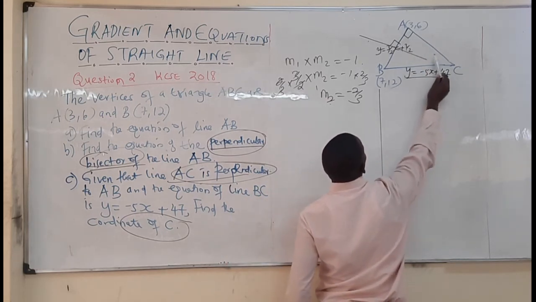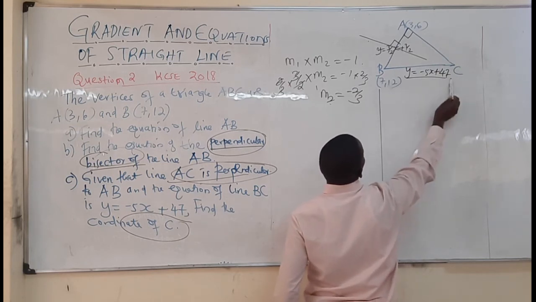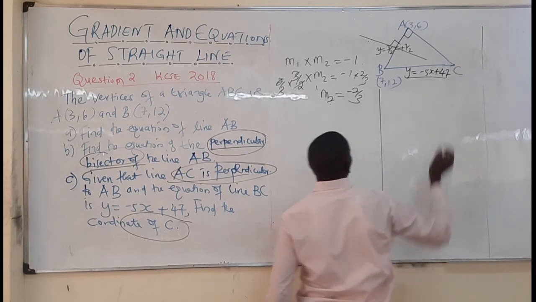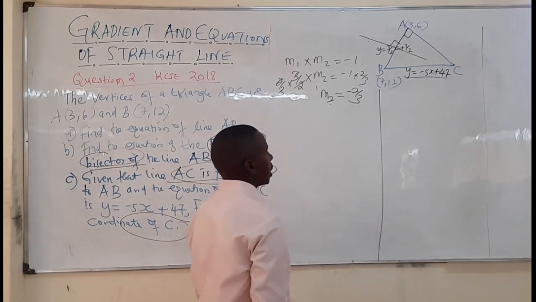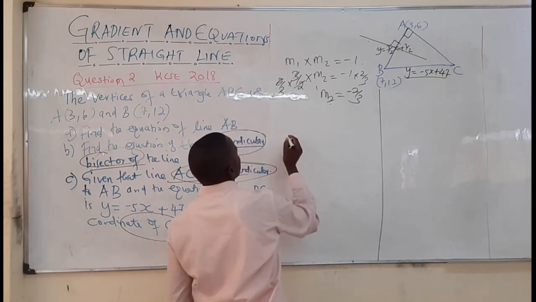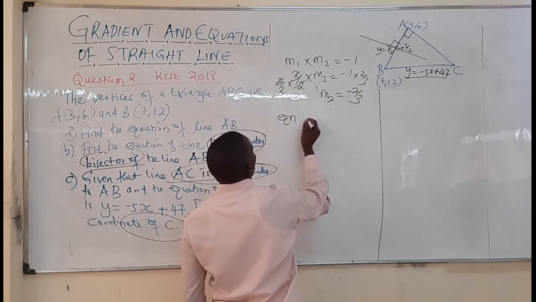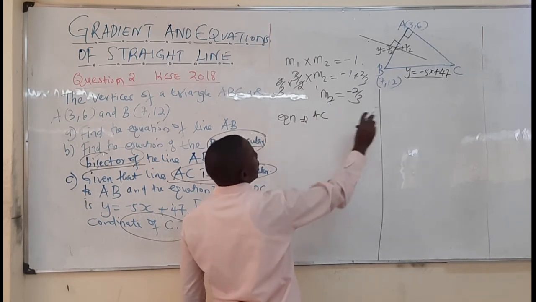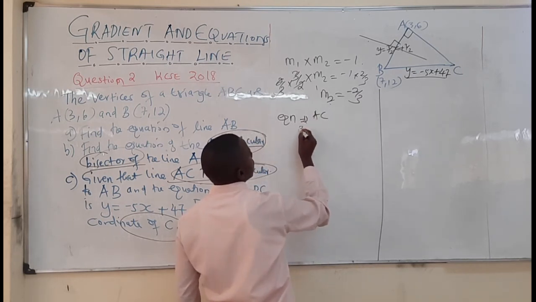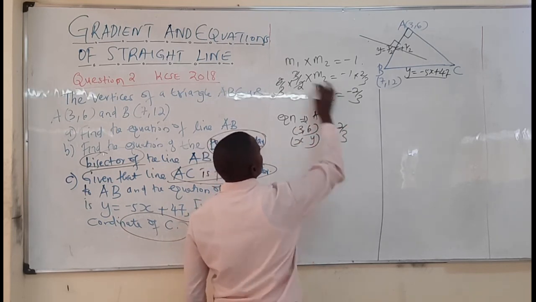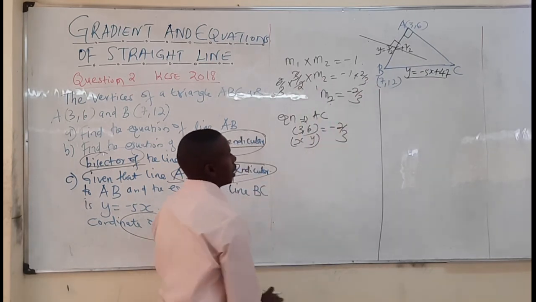When we have the equation of AC and the equation of BC, you solve these two simultaneously, and the point where they intersect should be the point C. So first get the equation of AC, and AC is passing through point A, which is (3, 6), and we know the gradient is minus 2 over 3 because they are perpendicular to AB.